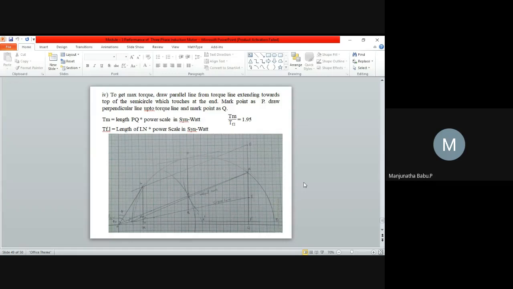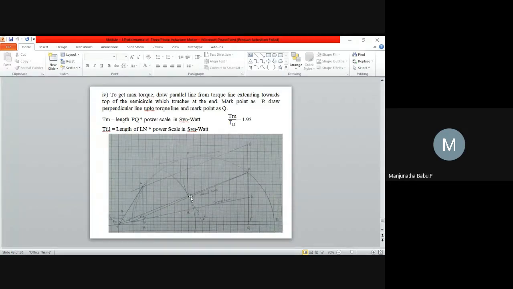Once you complete, please let me know. You have to extend parallelly, keeping the scale parallel to the torque line.